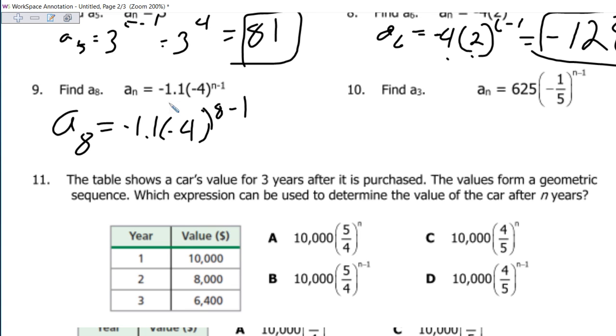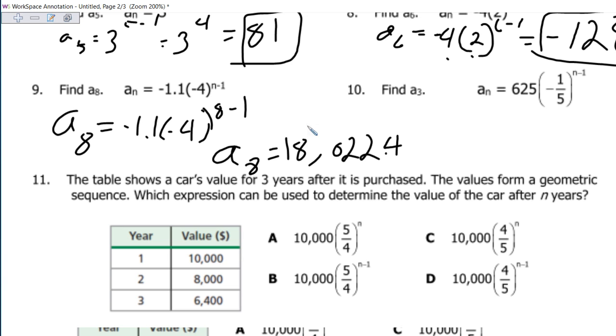Okay, so we're going to go ahead and shove that into our calculator, and a sub 8 on this one is going to be 18,022.4. And there we have it. Alright.